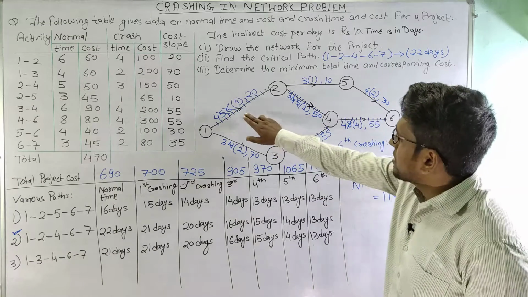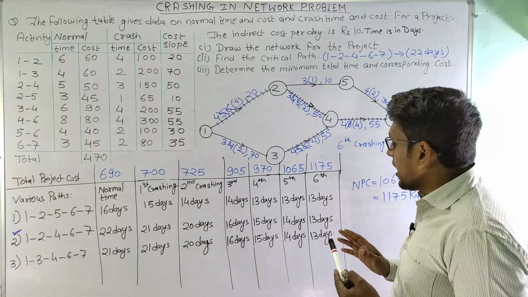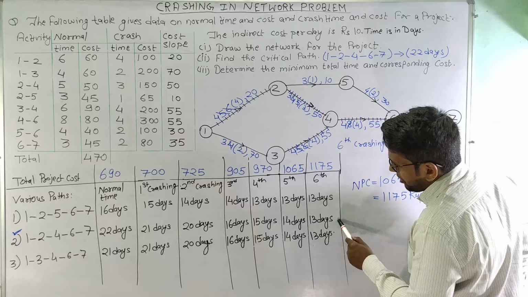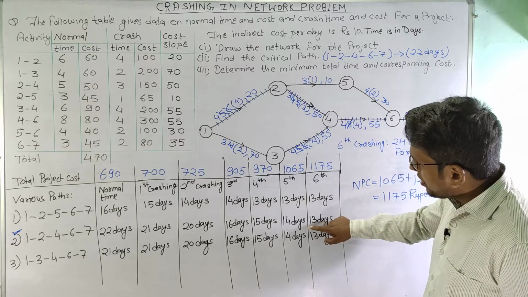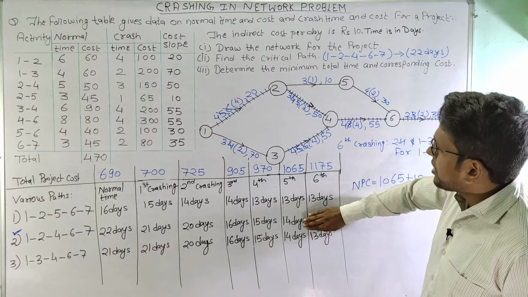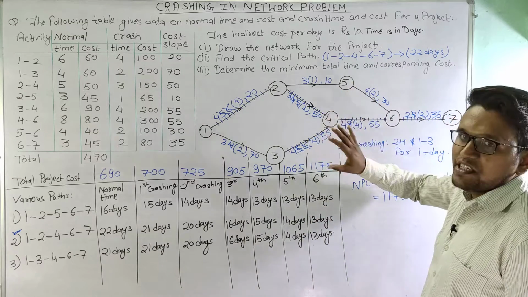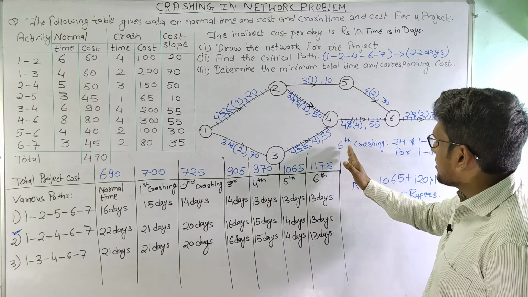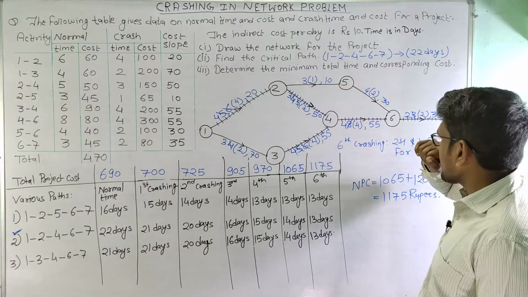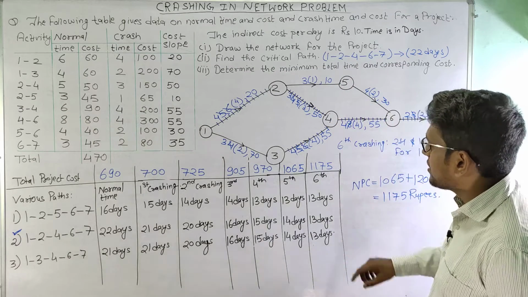So because we cannot crash these activities further, that means the duration of the critical path cannot be reduced less than 13 days. So because the critical path cannot be reduced now, we are not going to crash any activities further, and the minimum time to which this project can be compressed or crashed is 13 days.